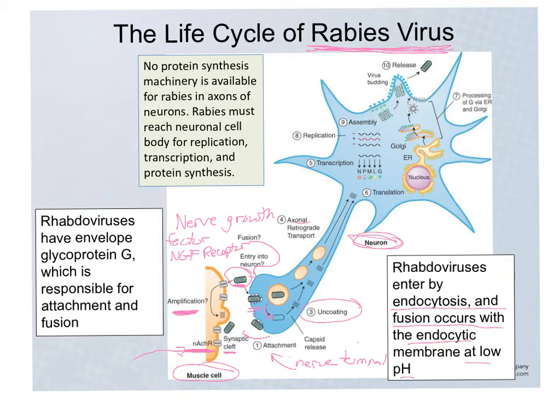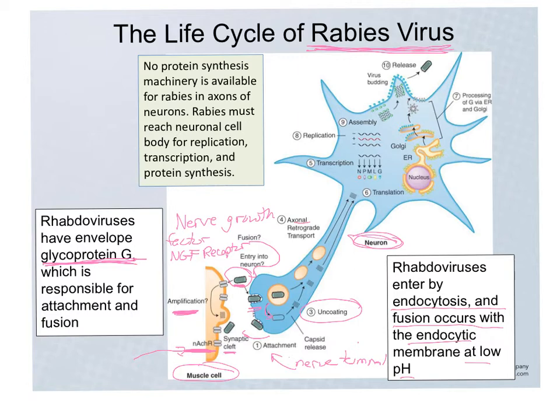We can clearly see the uncoating following this attachment and uptake of the virus, and then now it's going to uncoat and be released in the neurons. This initial attachment, I should mention, is mediated either by binding to the nicotinic acetylcholine receptor or the nerve growth factor. The binding requires the glycoprotein G on the viral envelope.